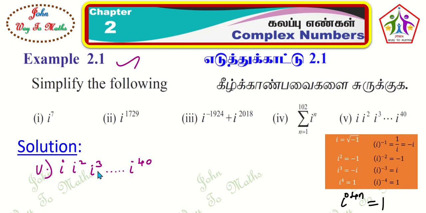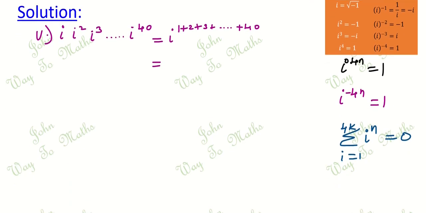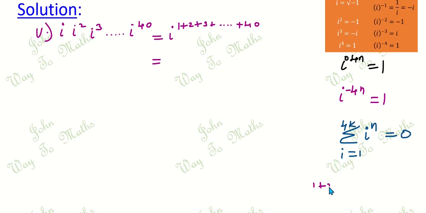Subdivision 5 is given as i power 1, i power 2, i power 3, i power 4 and so on, up to 40. Using the law of indices, we merge them again: i power 1 plus 2 plus 3 and so on plus 40. Since this is the first n natural numbers, we already know the formula: 1 plus 2 plus 3 and so on up to n is equal to n into n plus 1 by 2.